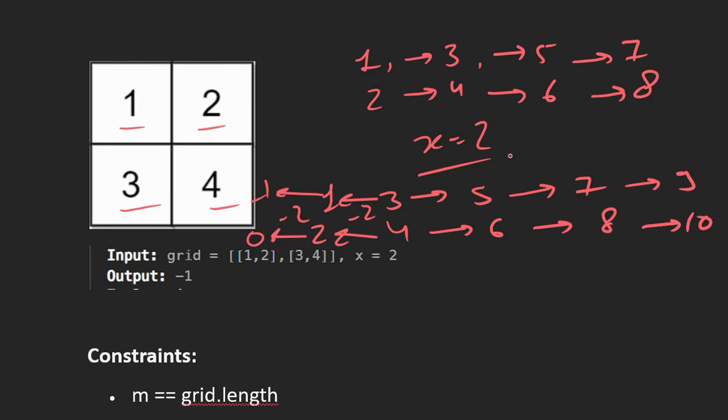But if you notice, there is no common element to which all the four numbers can be converted, hence the output should be -1.